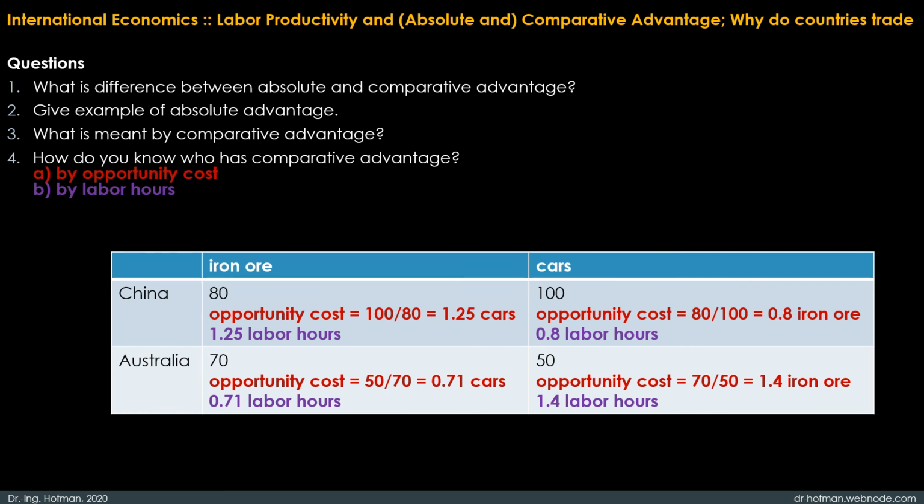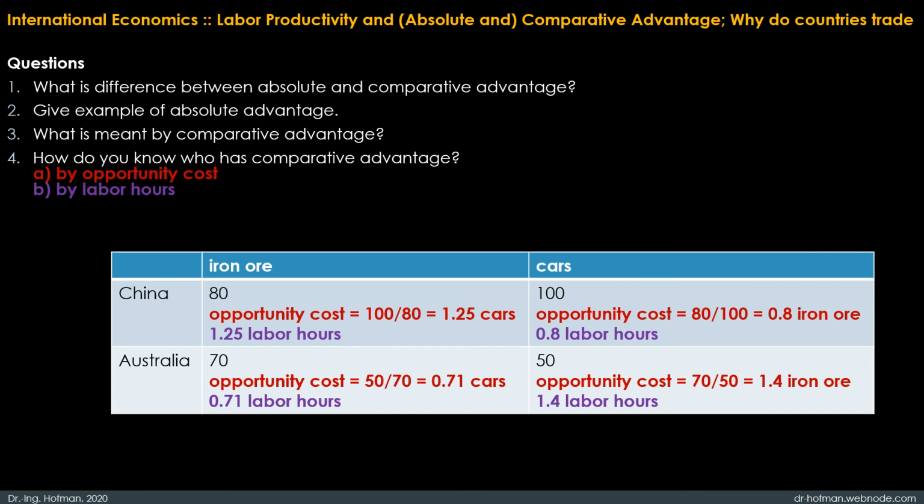So let's summarize. A country is said to have an absolute advantage if it can produce a good or service more efficiently than another country. Consider the world where there are only two countries producing two goods, iron ore and cars.